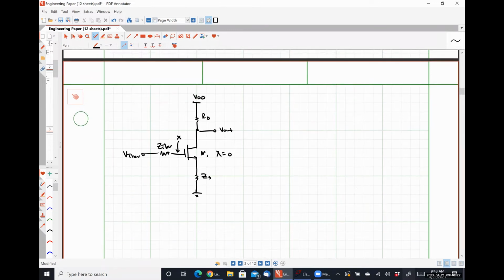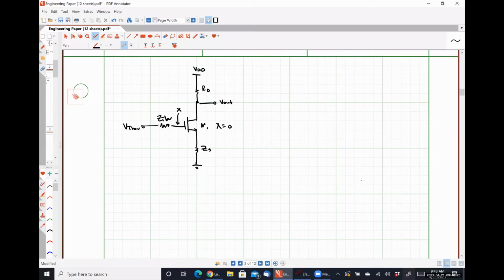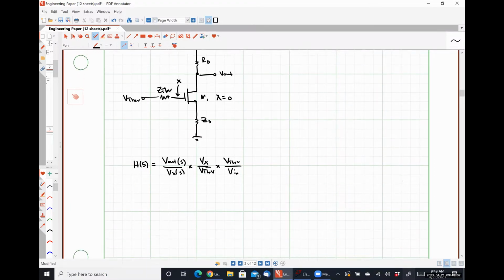So I can say that my transfer function, H of S, is going to be V out of S over Vx of S multiplied by Vx over Vthev, and then multiply that by Vthev over Vn. So that overall, I get V out over Vn, which is exactly the transfer function that I'm looking for.